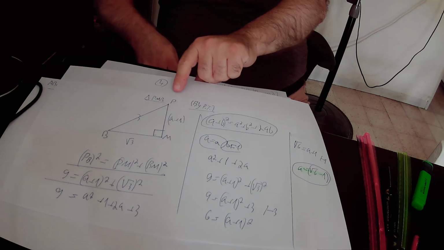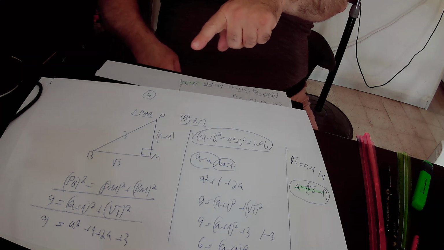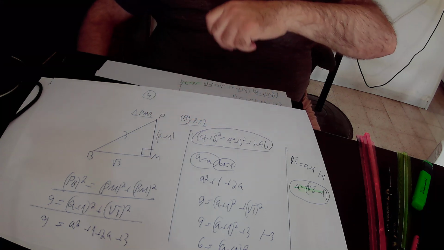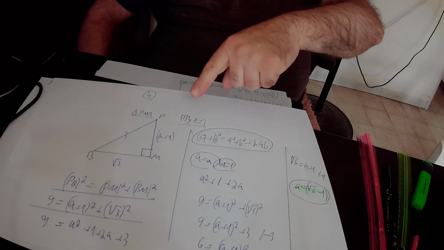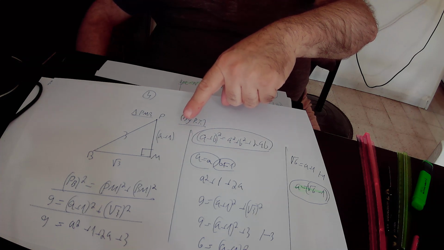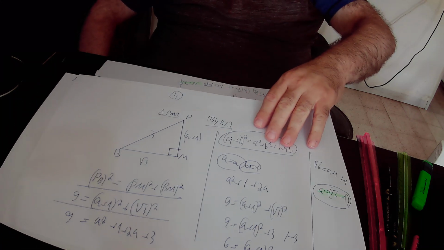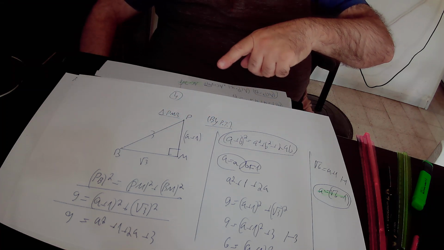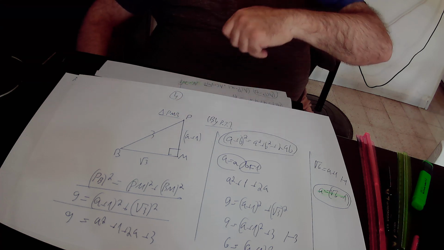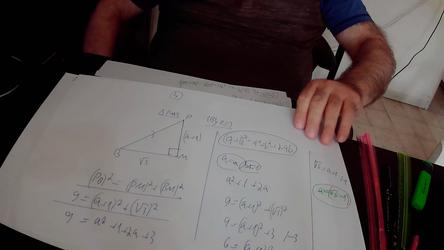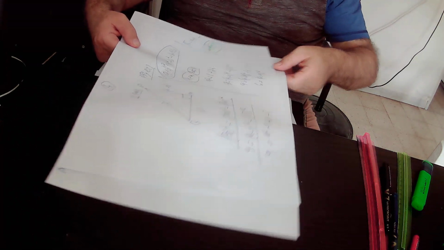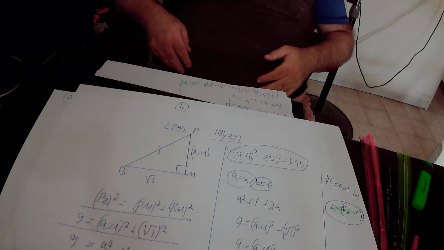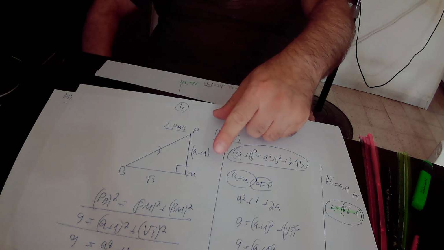So PB equals 3 units, therefore PB square is 3 square, that is 9, and it is equal to PM square.